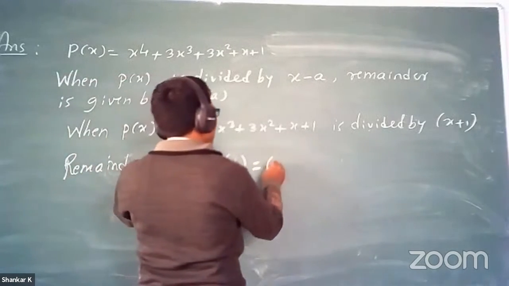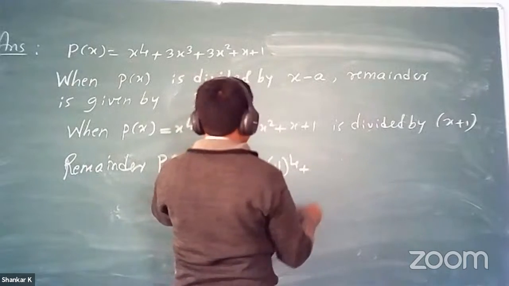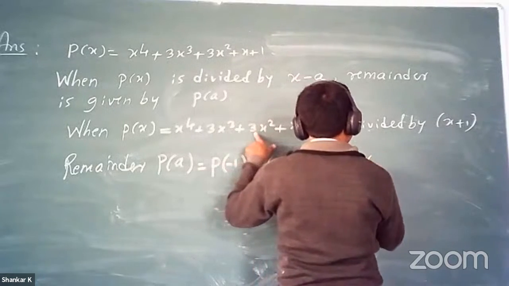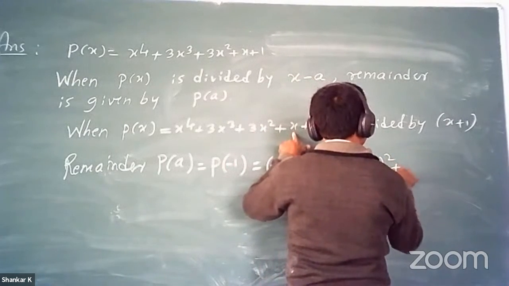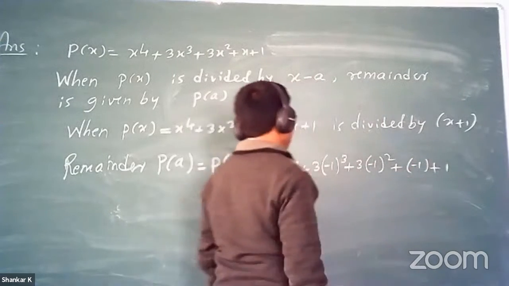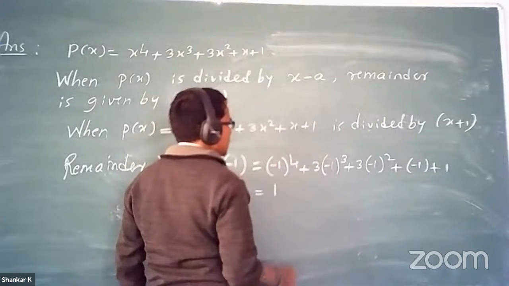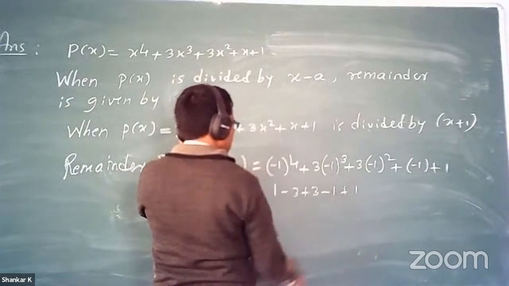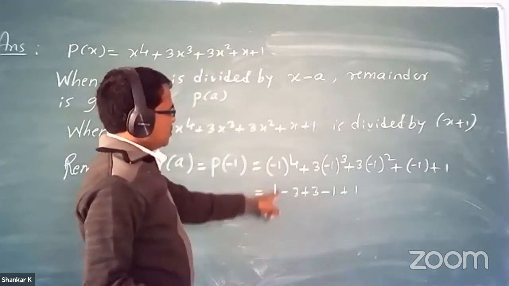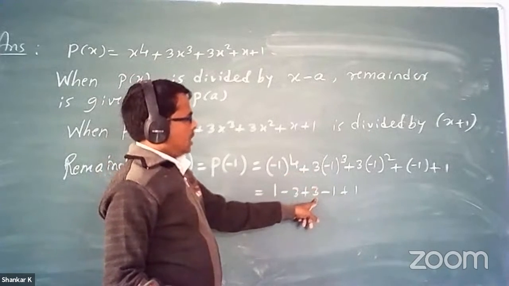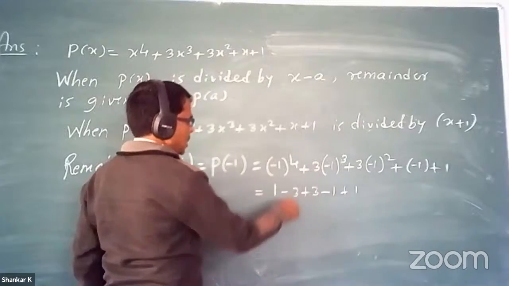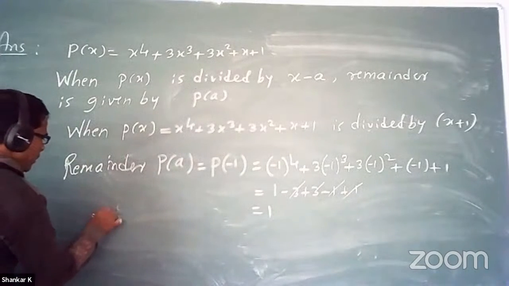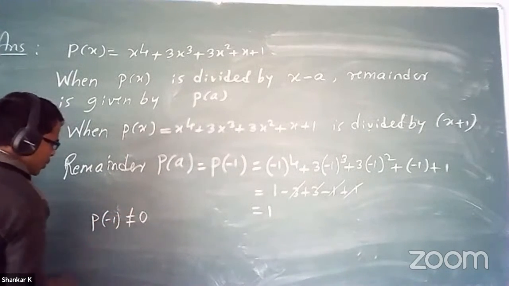So minus 1 raised to 4, plus 3 into minus 1 cube, plus 3 into minus 1 square, plus minus 1, plus 1. Minus 1 raised to 4 is plus 1, this is minus 3, this is plus 3, that is minus 1 plus 1. So this is plus 1 minus 3 plus 3 minus 1 plus 1. The 3s cancel, this also cancels, and 1 remains. P of minus 1 is not equal to 0.